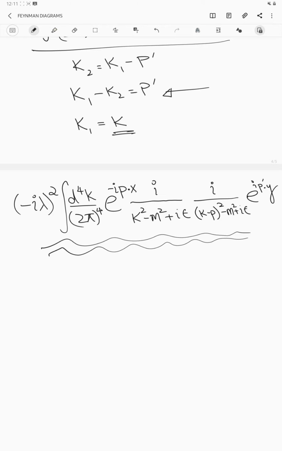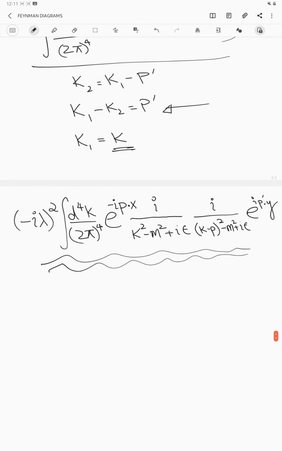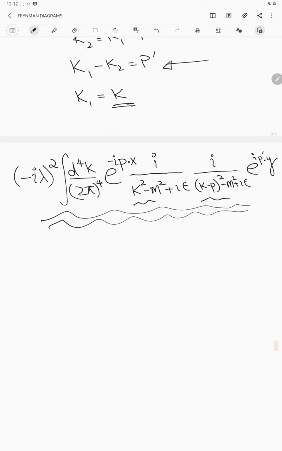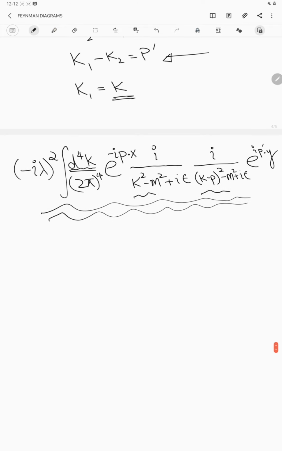If I look at this expression and consider the powers of k, I have 4 powers of k that we are multiplying over here. And I have d4k from here. I can write d4k as k cube dk, and this integral would become something like k4 over here.